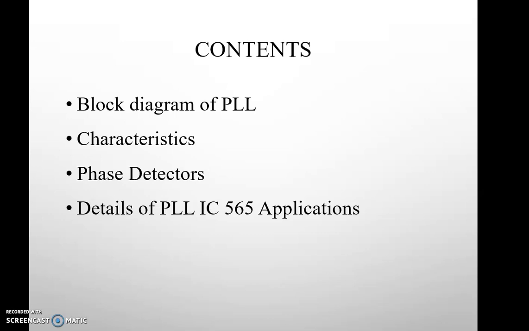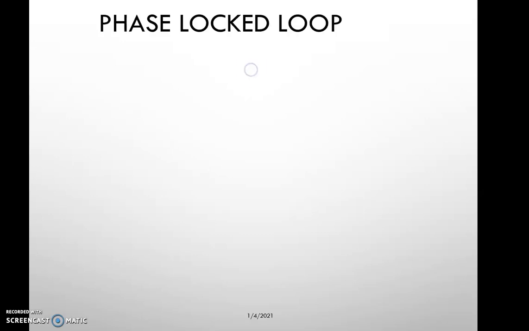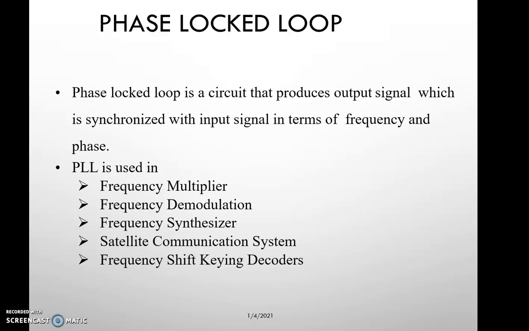So, we start with the block diagram. Before going for the block diagram, we will see what is phase lock loop. It is a circuit that produces an output signal which is synchronized with the input signal in terms of phase and frequency.